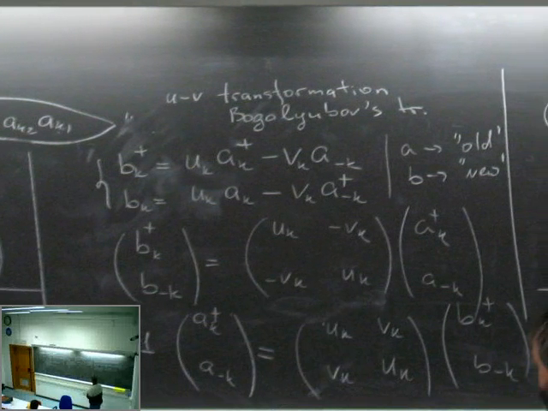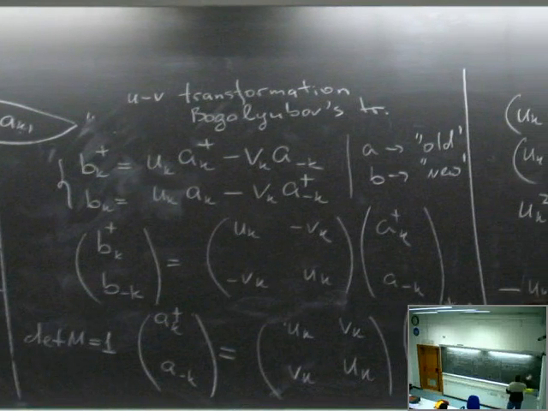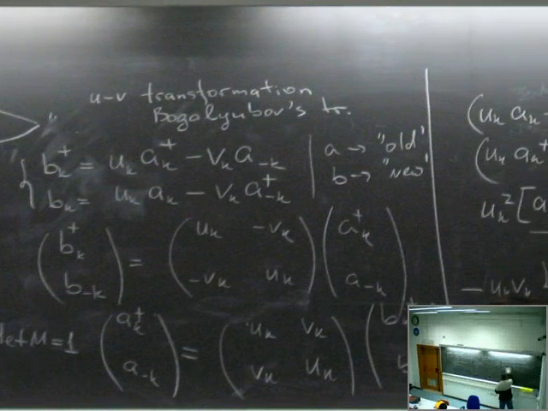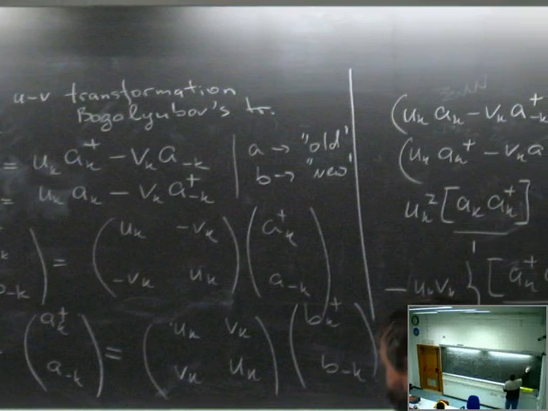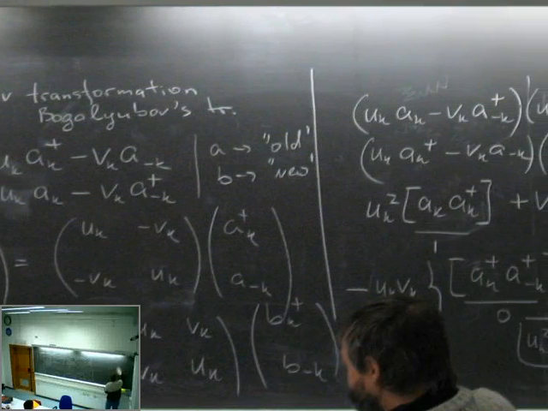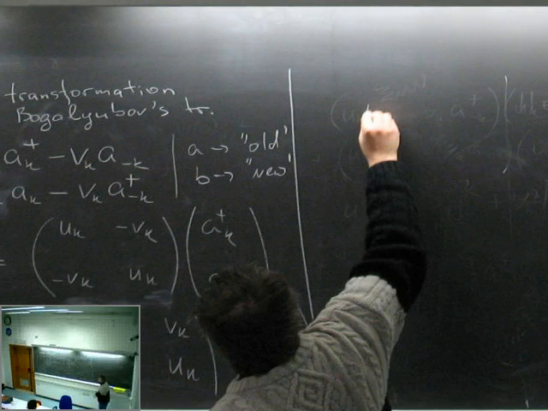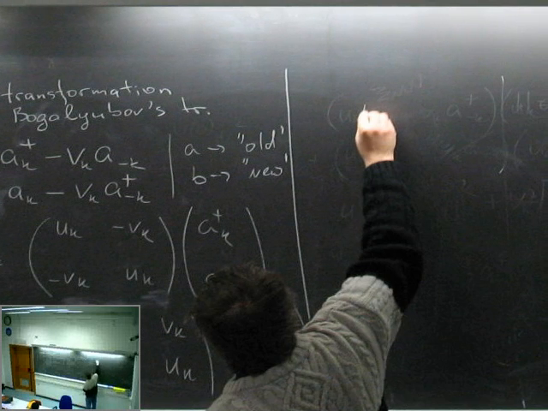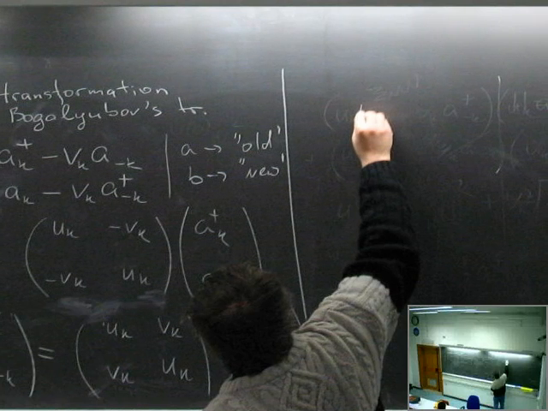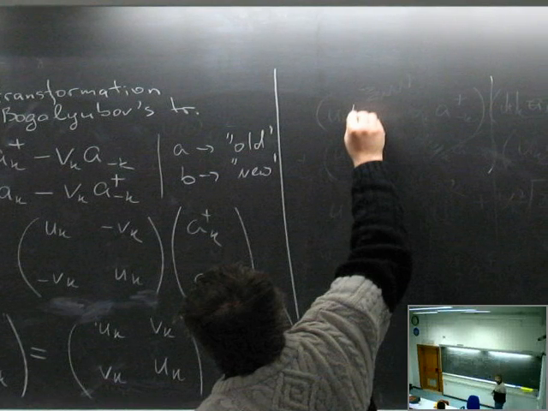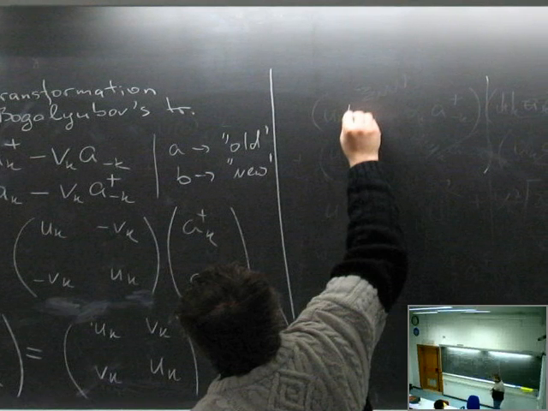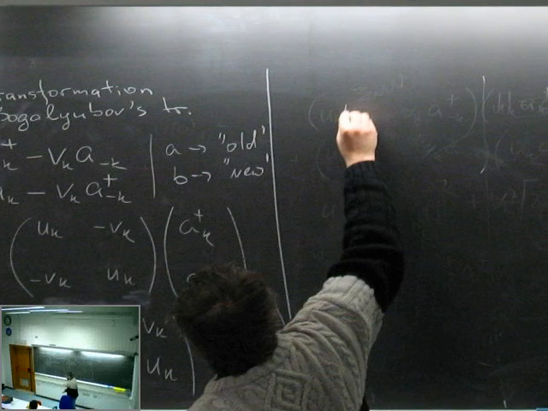So the point is that bosons are transformed with a non-unitary transformation, and so what? I mean, M inverse is not equal to M dagger. Would it be the opposite case, the transformation would be unitary.